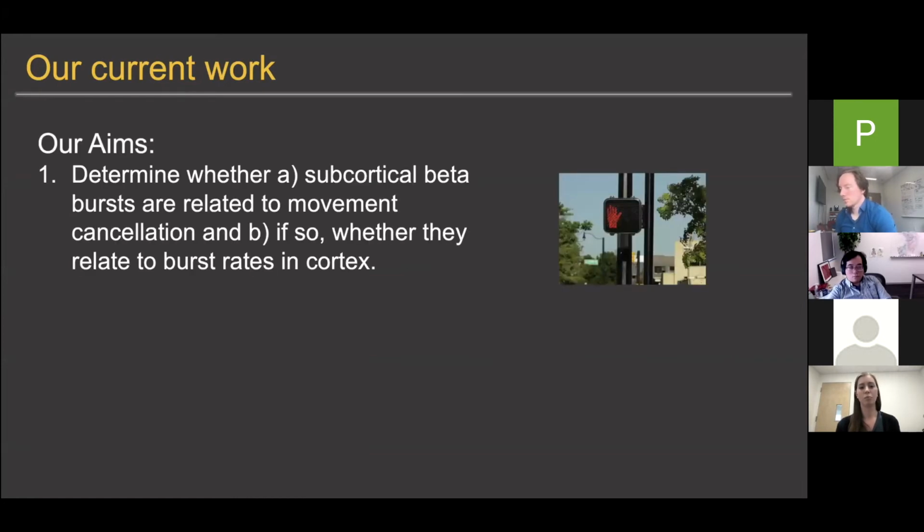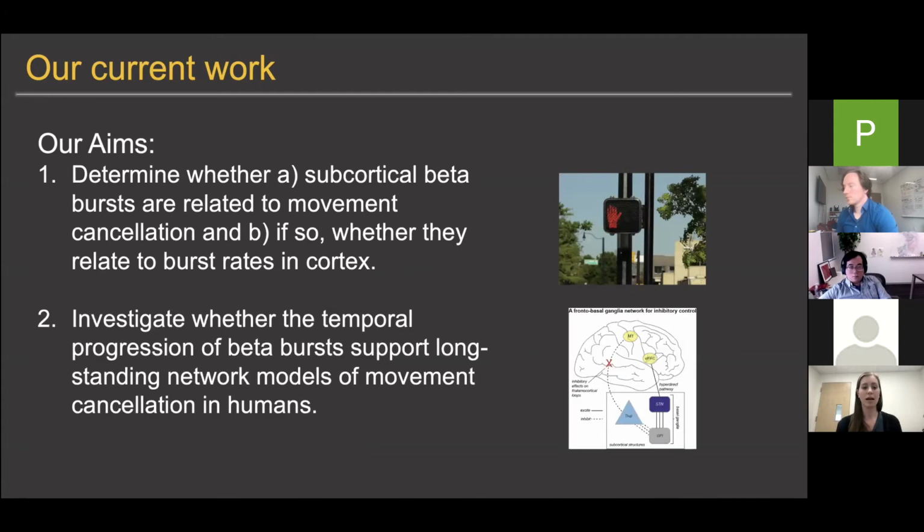First of all, we wanted to determine whether these subcortical beta bursts are related to movement cancellation, and if so, whether they also relate to beta burst rates in sensory motor cortex. And we also wanted to investigate whether the temporal progression of beta bursts throughout these cortico-subcortical recording sites support these longstanding network models of movement cancellation in humans.